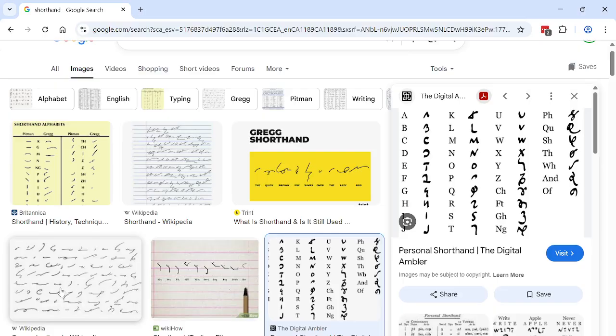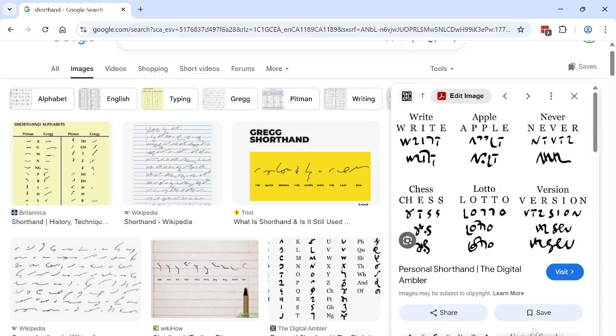So there's little squiggles and things so that instead of having to write out full words, right would become that thing there, and apple would become that, and never would become that. I'm not sure if it's that much faster, but anyway, that's how it worked. And that was somebody's own personal shorthand. That's not a real official shorthand.